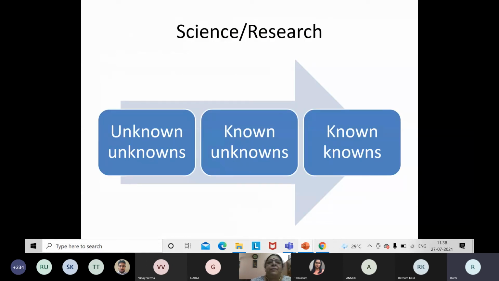And the whole journey of science or research is either moving from unknown unknowns to the known unknowns, or from known knowns to the unknown unknowns. That is how this whole scientific journey actually happens.